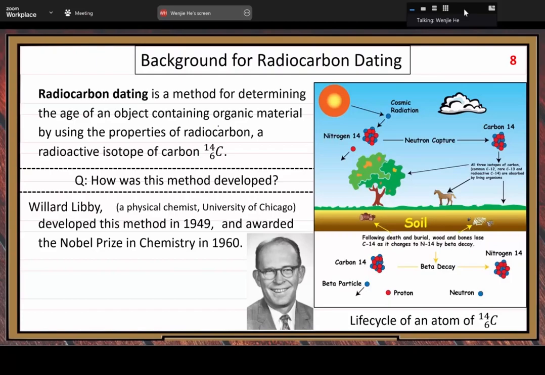If some decays, then you get new, from the sun and other reactions. So in the living stage, the ratio is stable. But after they are dead, there is no recycling.